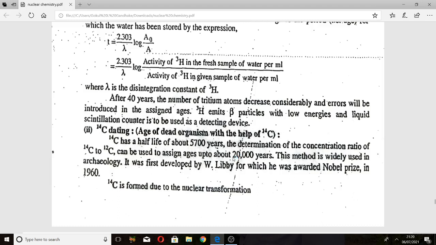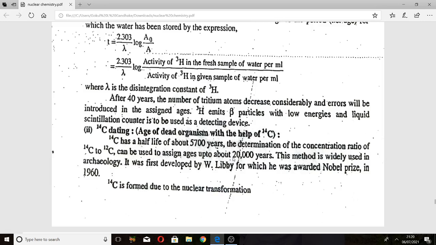Carbon-14 is formed due to nuclear transformation, and it gets converted into CO2. That is, nitrogen-14 plus a neutron gives carbon-14 plus a proton. The CO2 mixes with the atmosphere.